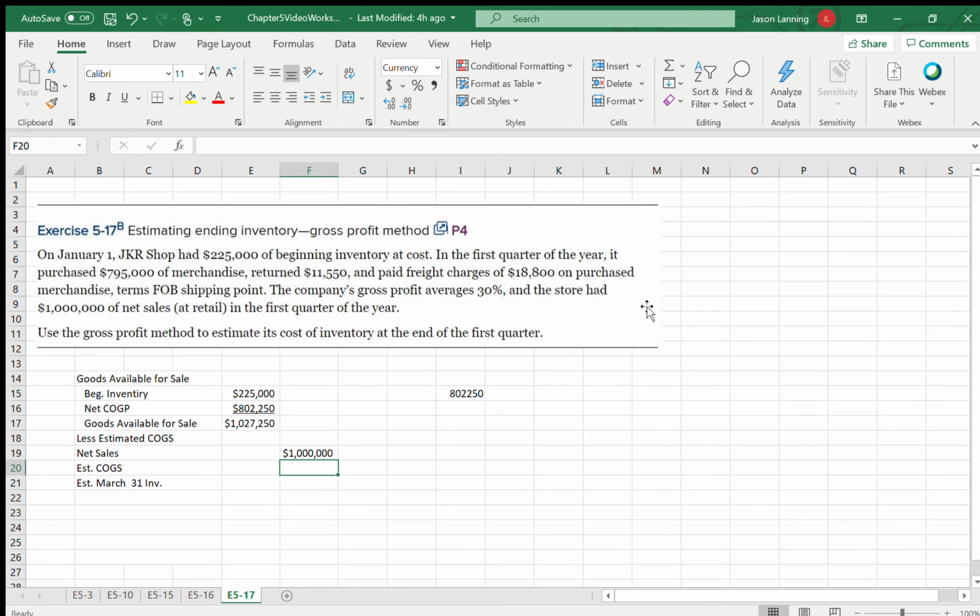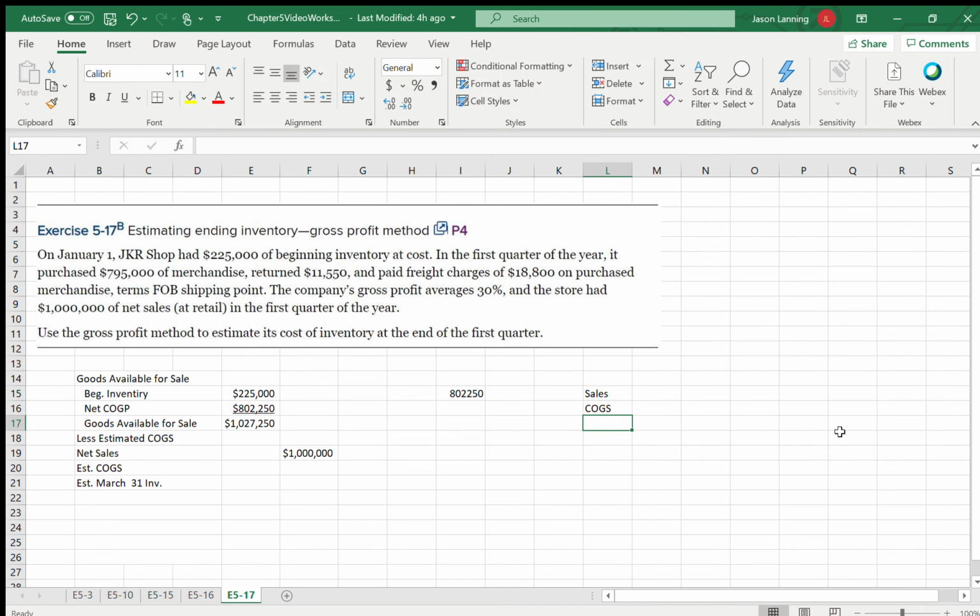Now, estimated cost of goods sold. If you think about the income statement, remember we have sales minus cost of goods sold is equal to gross profit.